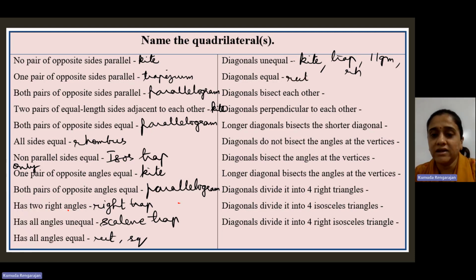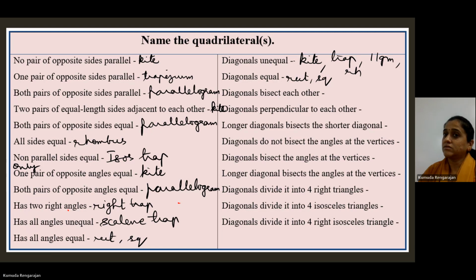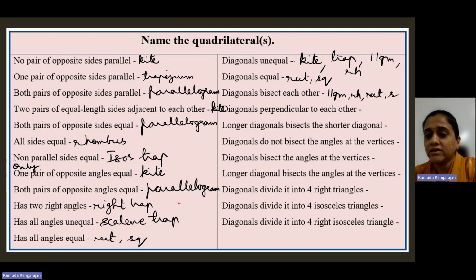Diagonals bisect each other: correct, parallelogram, rhombus, rectangle, square.